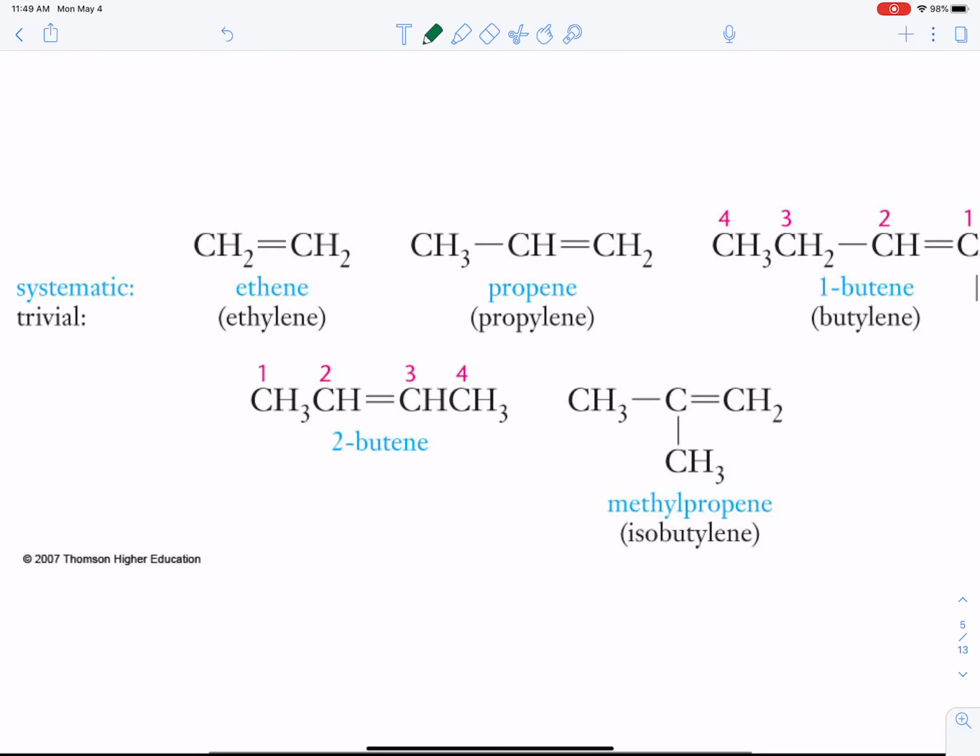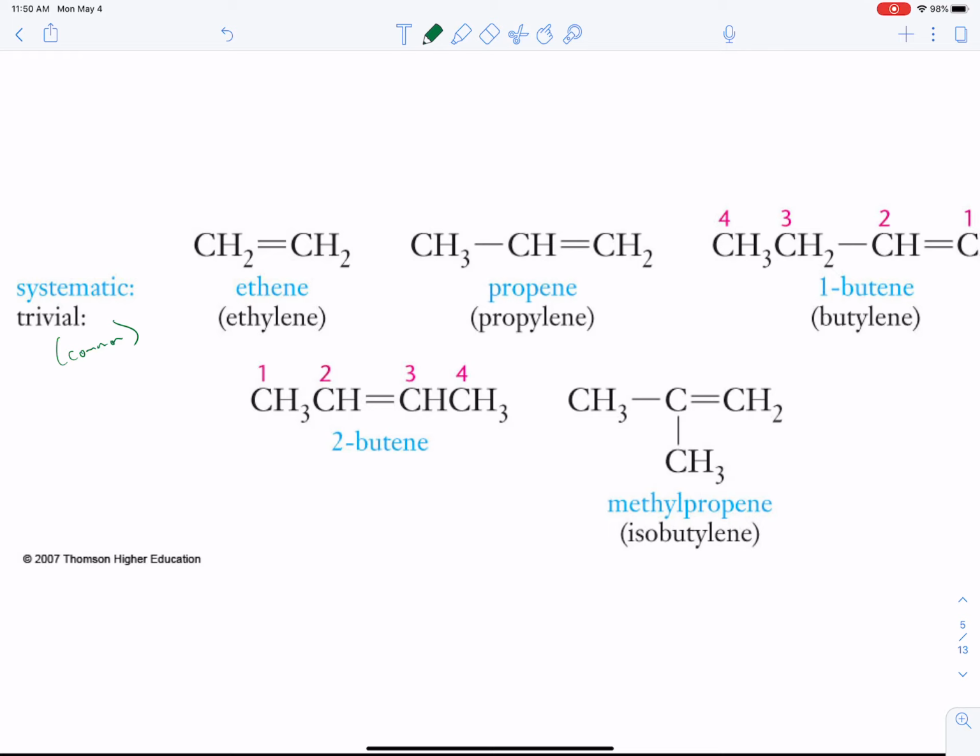So, there's also some trivial names that are there as well. These trivial names are sometimes called common names. Now, the reason why I point this out is because there's a lot of common names that are used in the industry.